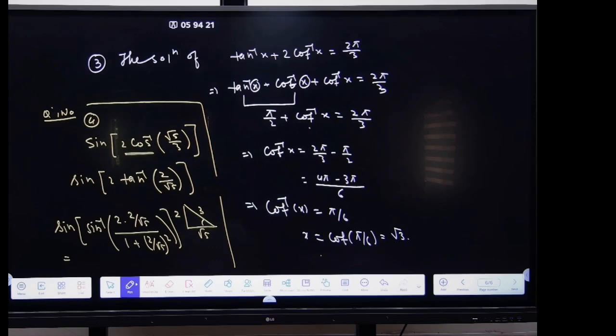Yes or no? Correct? So first you convert 2 sine inverse in terms of 2 tan inverse x. Then you apply that sine inverse in terms of tan and then you apply this formula. Try. If not, I will solve. Try, solve.